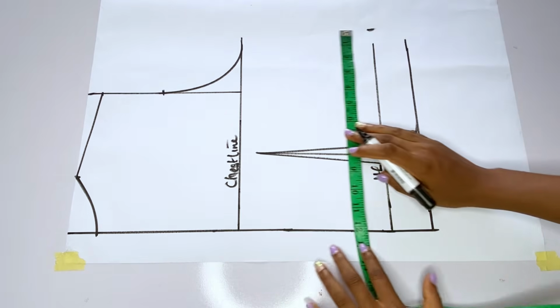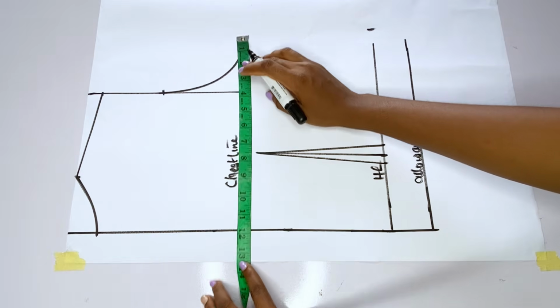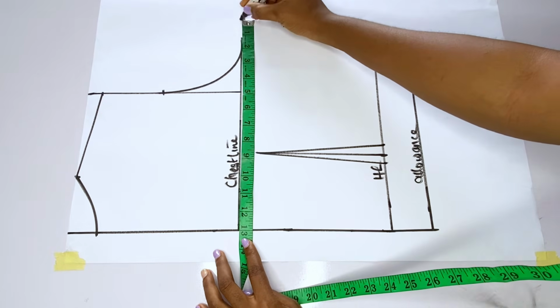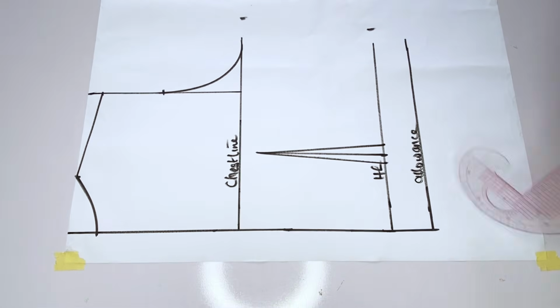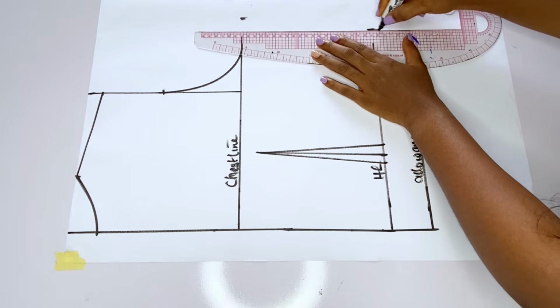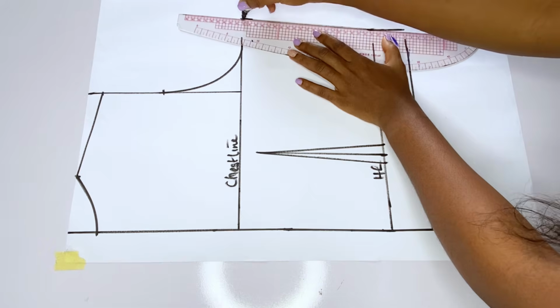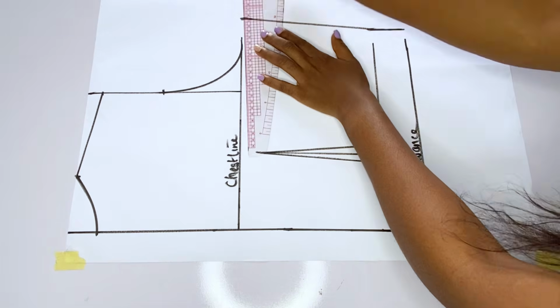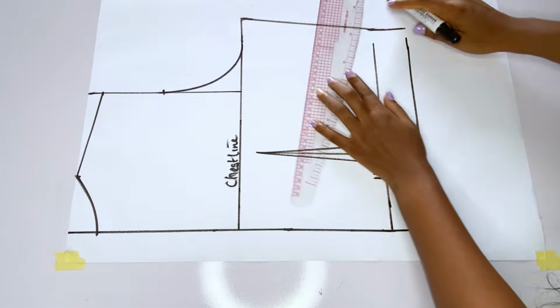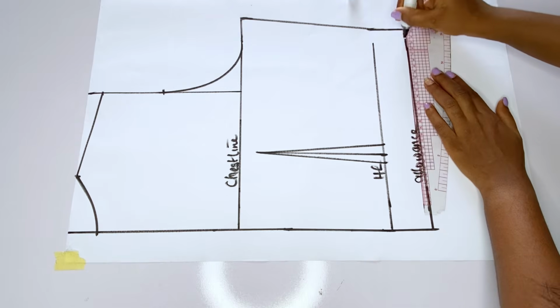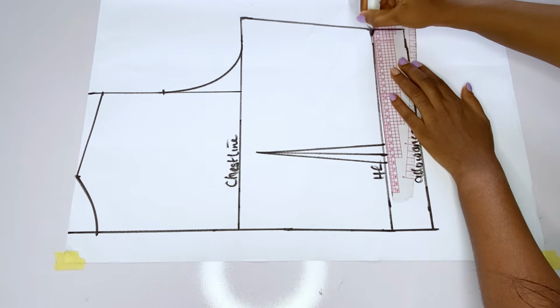At the chest line, that is where you take your bust point. Our bust is 44 divided by 4, that is 11, plus 2 inches seam allowance, that is 13. Then we'll mark and cut out, and this will be all for the back parts.